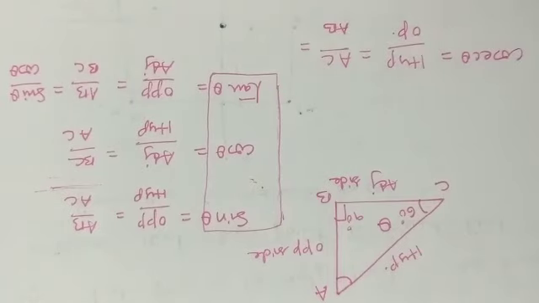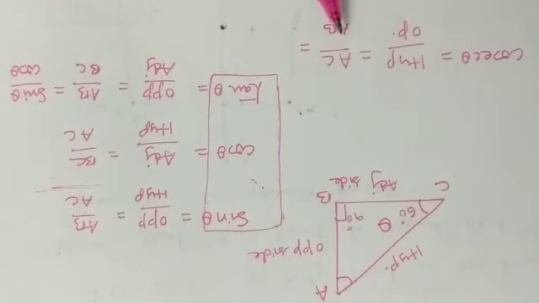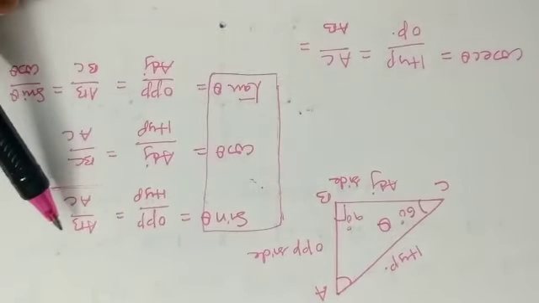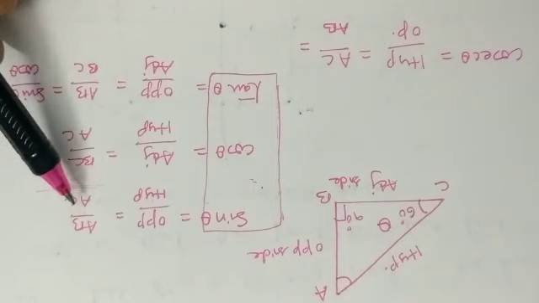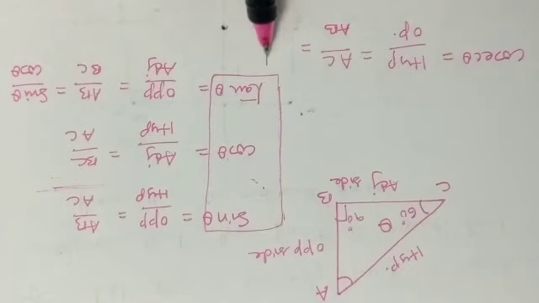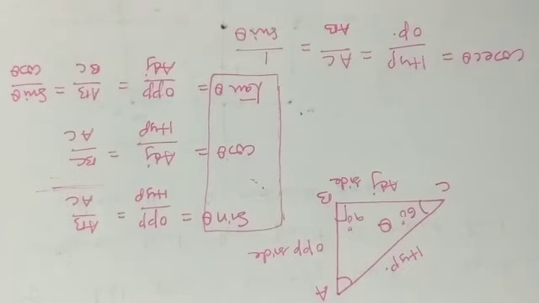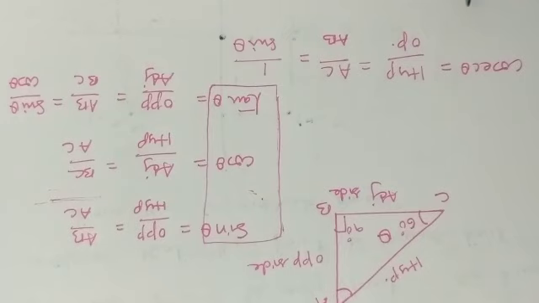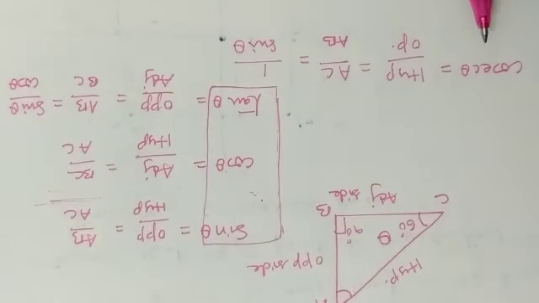Now, if you observe, this is the reciprocal of sine. AB by AC is sine. Its reciprocal is AC by AB. That is 1 by sin theta. So cosecant theta is the multiplicative inverse of sin theta.